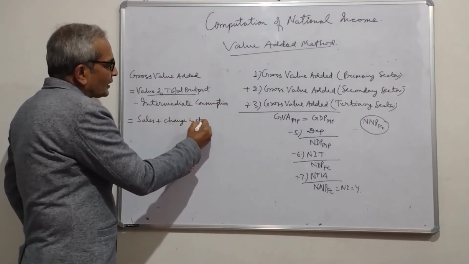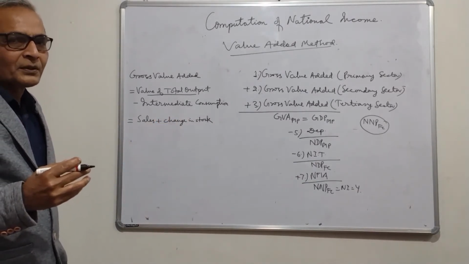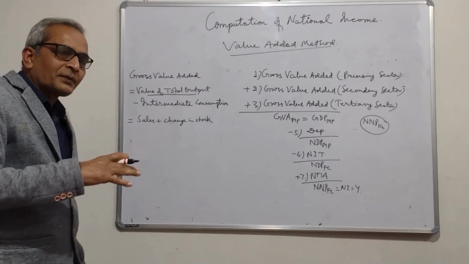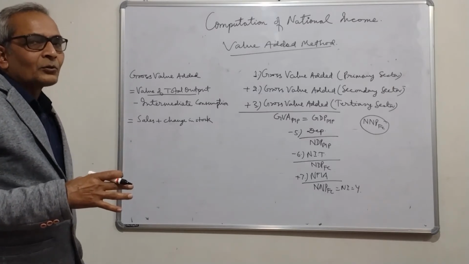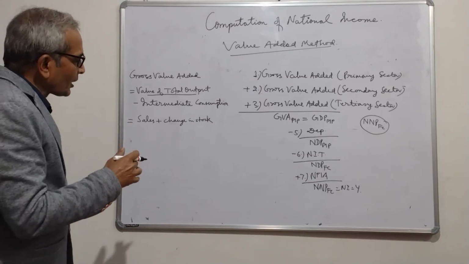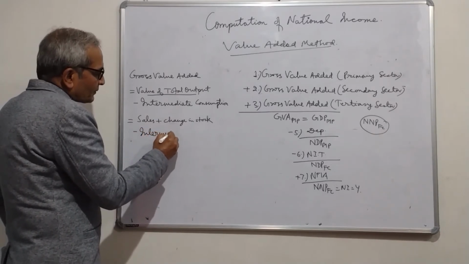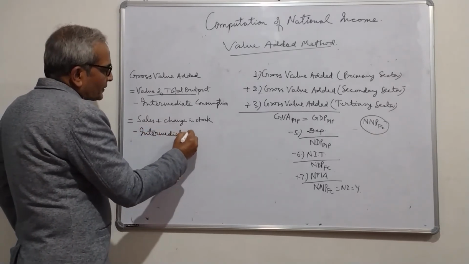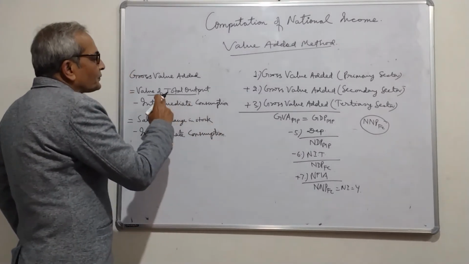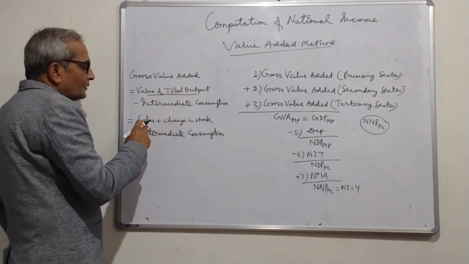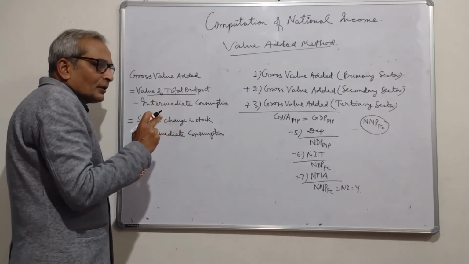Whatever was sold, we earned revenue out of it, and whatever stock was left, that is also included in value of total output, and then we subtract intermediate consumption from it. So if value of total output is not given, we have sales and change in stock.